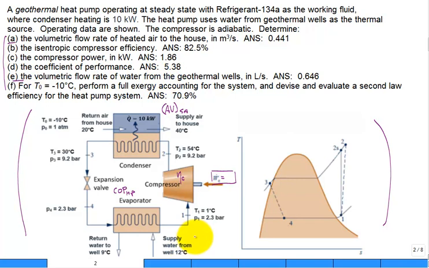And this volumetric flow rate, different symbols can be used. Let's just use AV of the well water in liters per second. And then the last, a full exergy accounting for the system. So exergy calculations, and then devise and evaluate a second law efficiency for that heat pump, where the answers are given here for all these parts. But let's take one at a time.